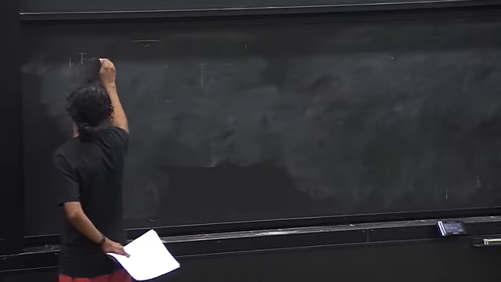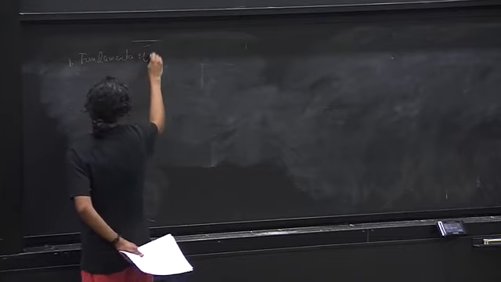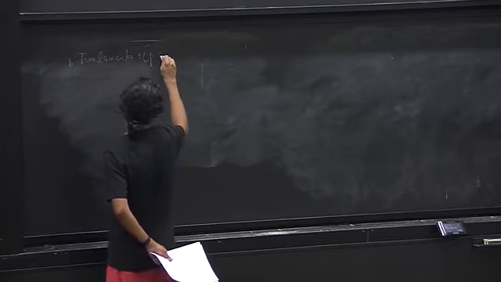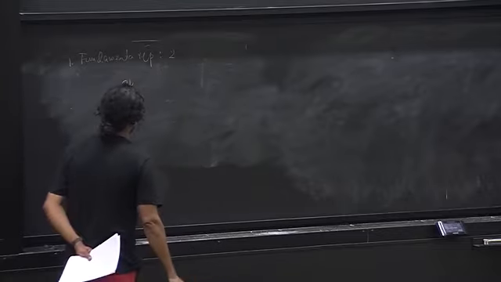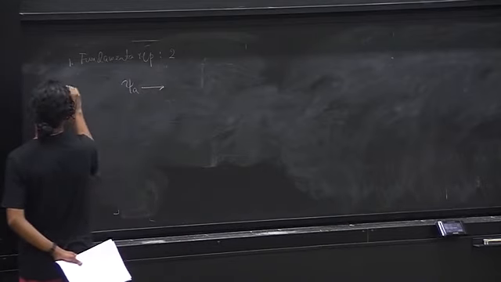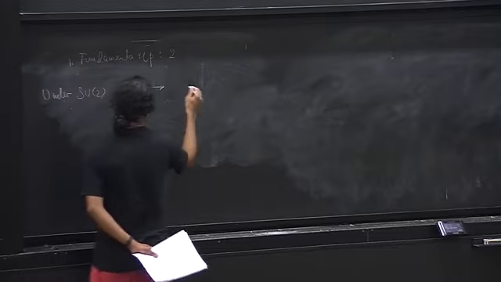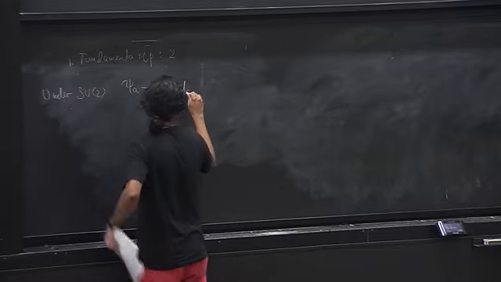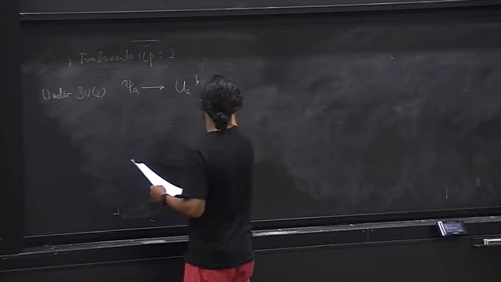Say this is an example of a fundamental. So this is 2, and this is under an SU2 transformation. So under SU2, this goes like U of A, B acting on B. Like this, right?